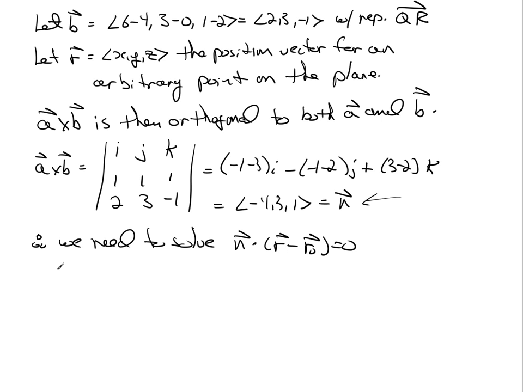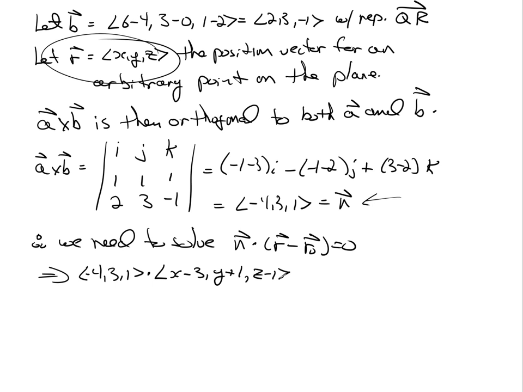And when I start that process off, what I'm going to have is negative 4, 3, 1 dot (r minus r naught). Remember, r is this guy, my arbitrary point. So that's going to be x minus 3, y minus negative 1, which is y plus 1, and z minus 1.